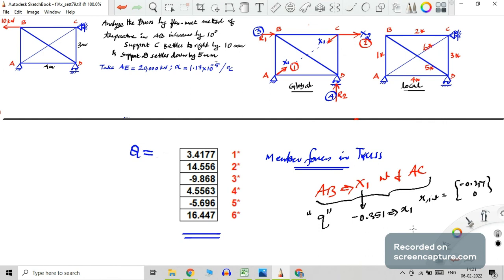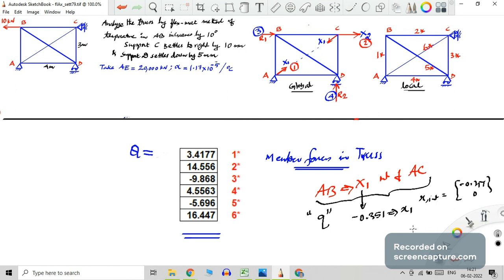That's also a possibility. Otherwise, you can take X2 by removing that pin at A and inserting a roller, or removing 1 degree of freedom, or actually adding a degree of freedom, or removing one redundant from pin support A, hinge support A, and adding X2 there. So all these things are possibilities.